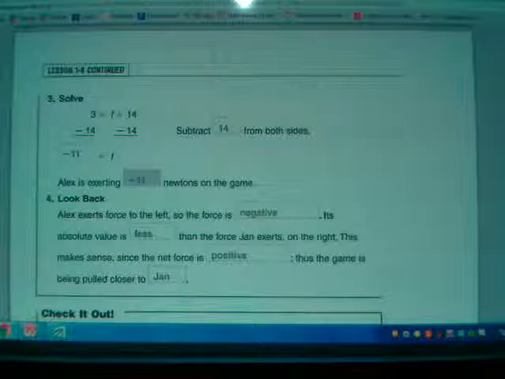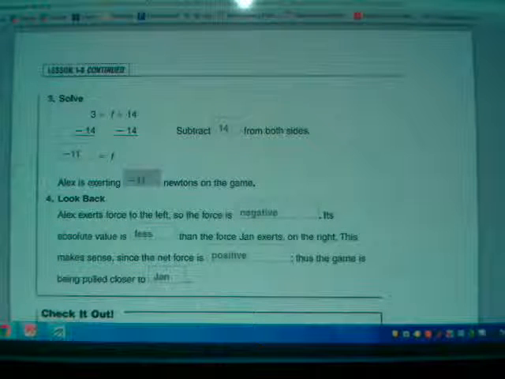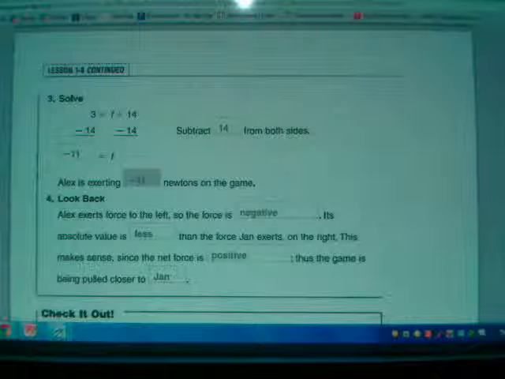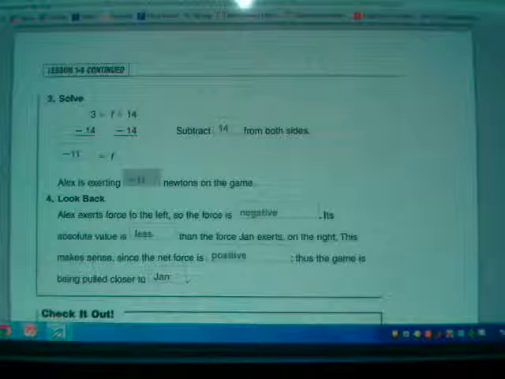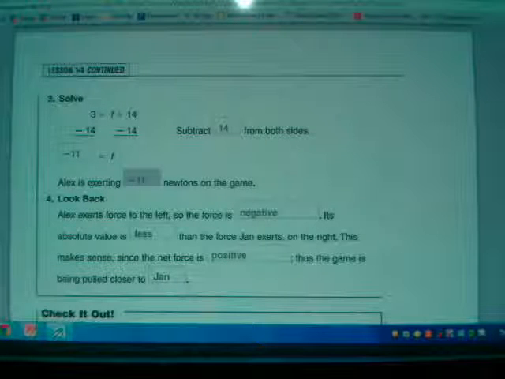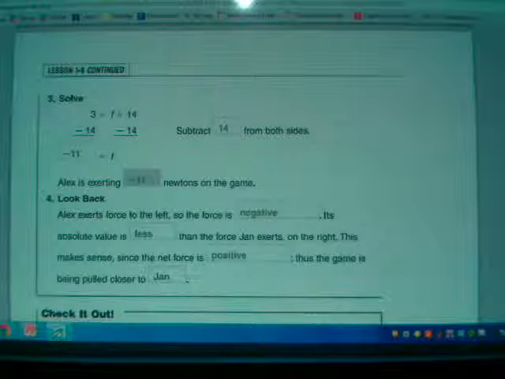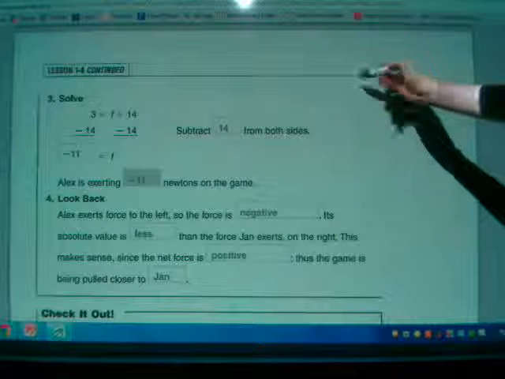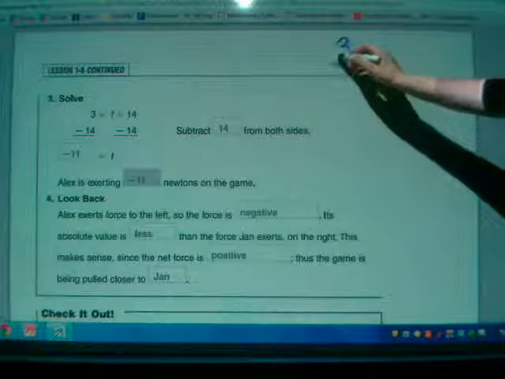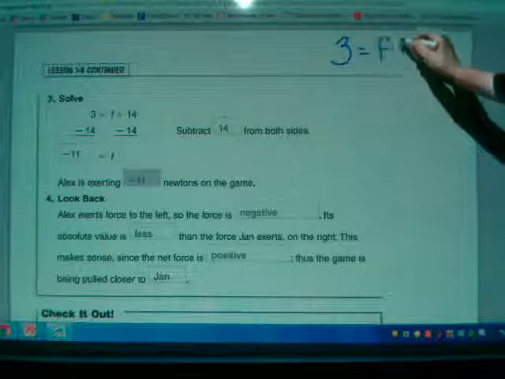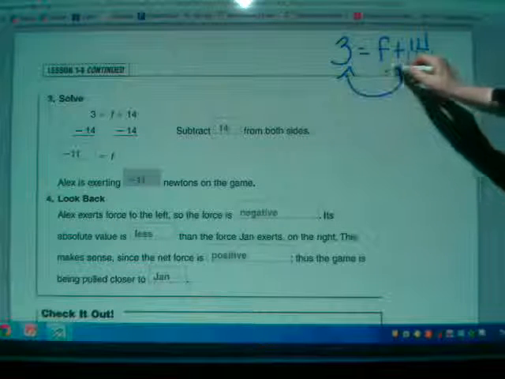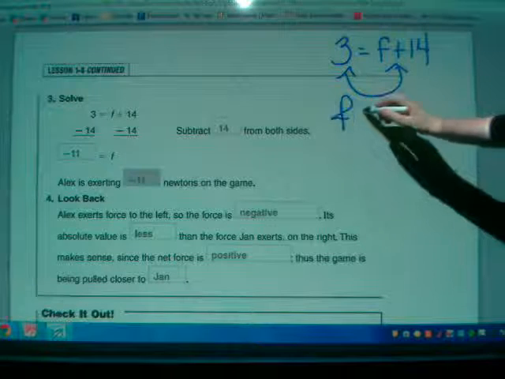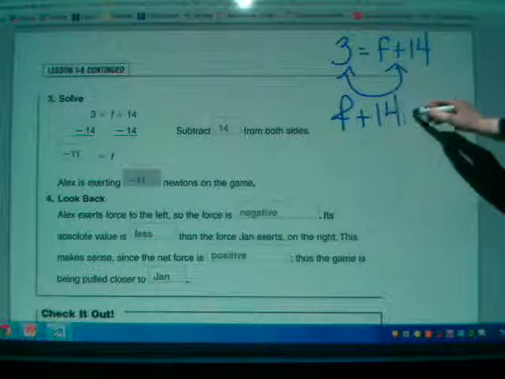So this is the first chance we have to use that one rule that says that we are allowed to flip or invert the left and the right sides. And I want to make sure you've seen that before I set you free to work on the homework on your own. So what that's going to make this say, instead of 3 equals F plus 14, is F plus 14 equals 3.